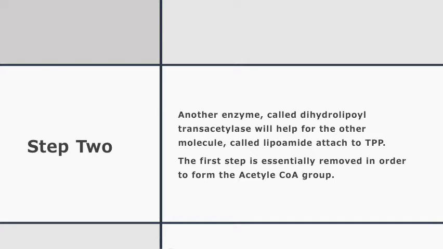This enzyme is going to help the other molecule, the lipoamide, to attach to that TPP molecule. And then that first step is essentially going to be removed. By removing that, we're going to be able to form the acetyl-CoA group, which is essential.